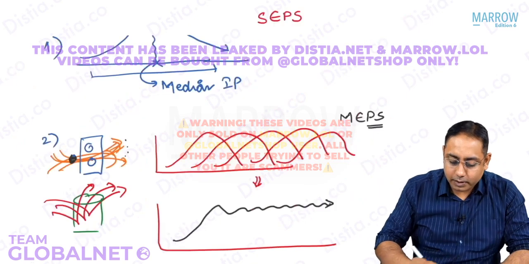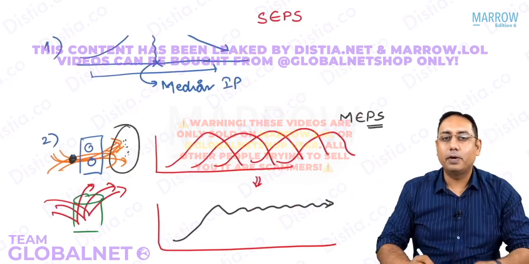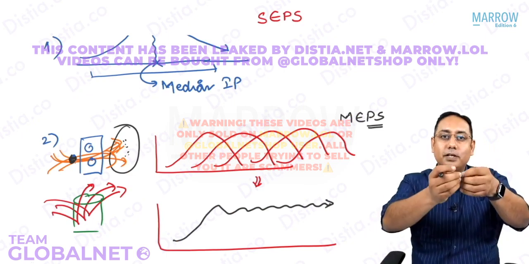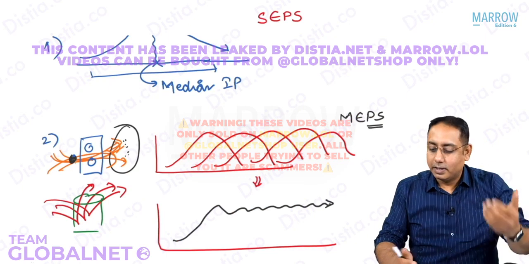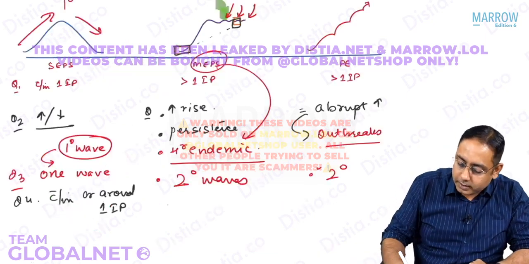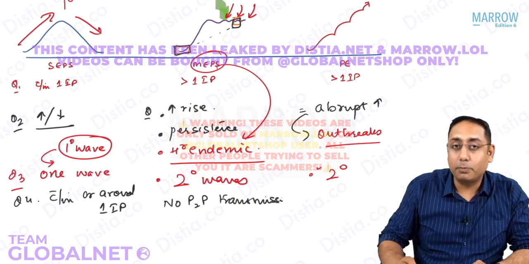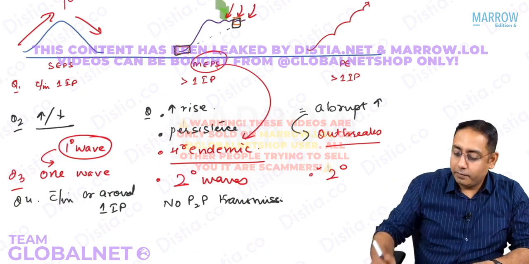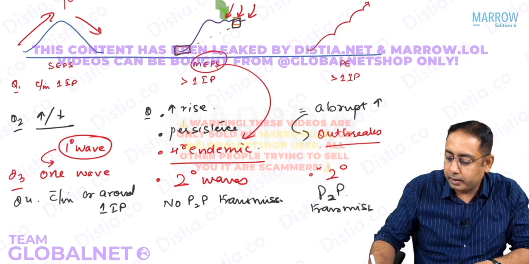But in the other case, I told you to assume that there is no person-to-person transmission, because if there was, then of course the cases would have increased. Are you able to get it? There is no person-to-person transmission in the multiple exposure point source. It's a point source, whereas there is a person-to-person transmission in the propagated epidemic.